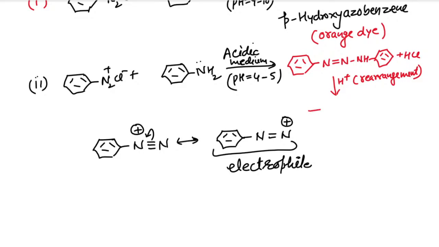So we get para-amino azobenzene. The first one is para-hydroxy azobenzene. This is para-amino azobenzene, and it is, I think, a yellow dye.